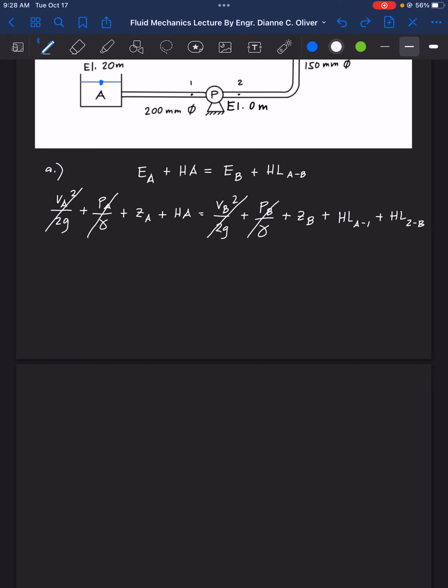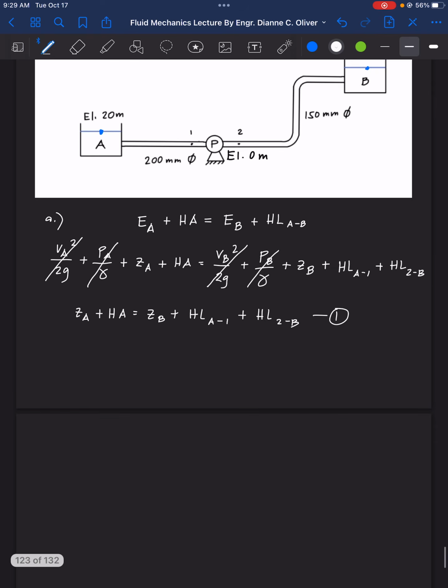So what's left here is the elevation head plus the head added equals the elevation head of B plus the head loss from A to 1 plus the head loss from 2 to B. And this is our equation 1.